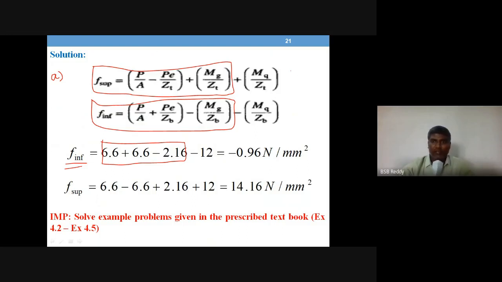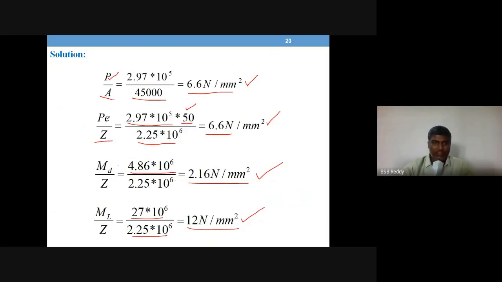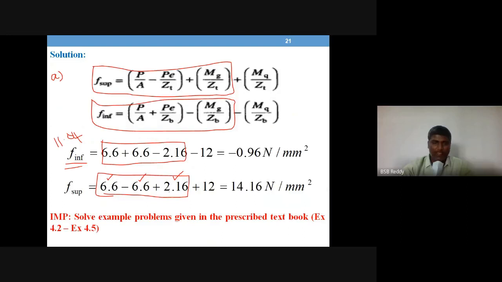11.04 at bottom. What about the top? This part of the equation: this is direct stress from pre-stress, bending stress from pre-stress, and this is stress from dead load. You see the stress from dead load is 2.16. Now this is 6.6 minus 6.6 plus 2.16, so this is also positive 2.16.